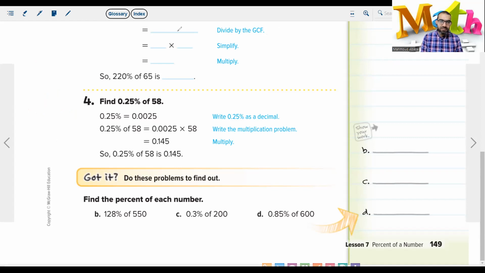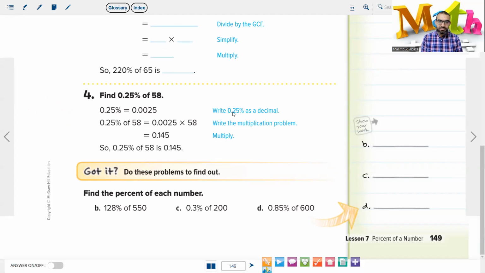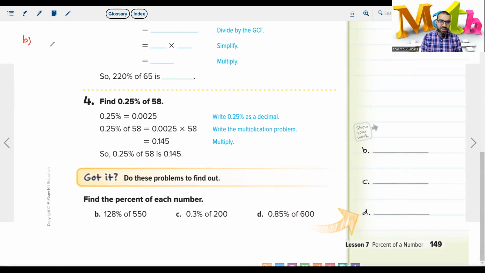Now let's solve problem B. We need to know what's 128% of 550. So 128% is like 128 over 100 multiplied by 550.